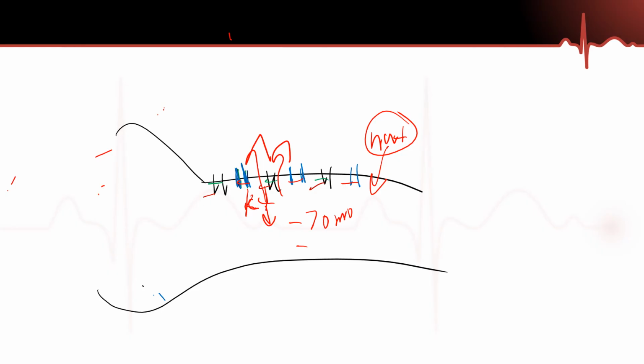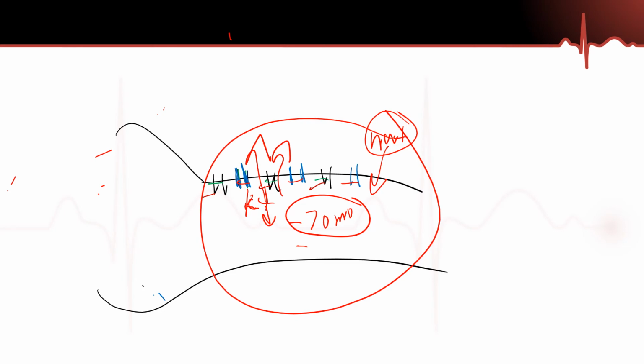And at negative 70, you'll be back to the true resting membrane potential, where just as much potassium is leaving as sodium is entering. And now you've truly returned to the resting membrane potential, and the whole entire axon hillock is reset to its original orientation that we were discussing at the beginning.